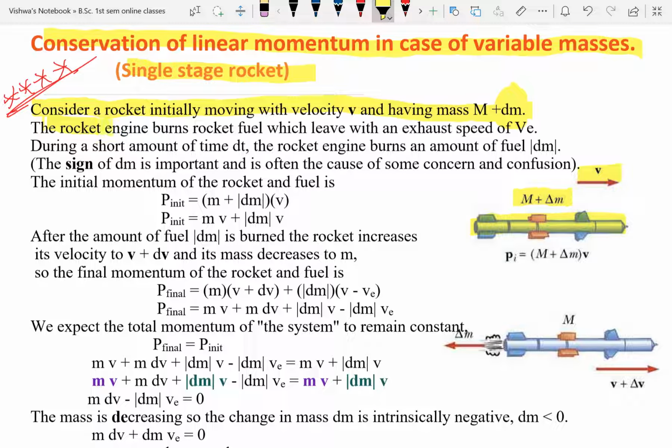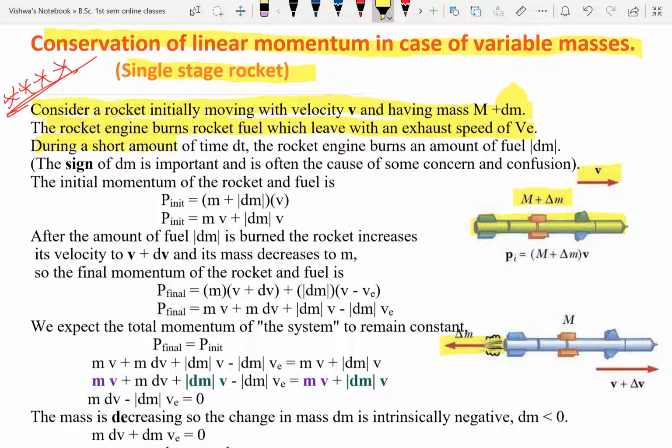The rocket engine burns rocket fuel, which leaves with an exhaust speed of ve. That means when it starts burning, the fuel is exhausted, and that exhaust gas has velocity ve.